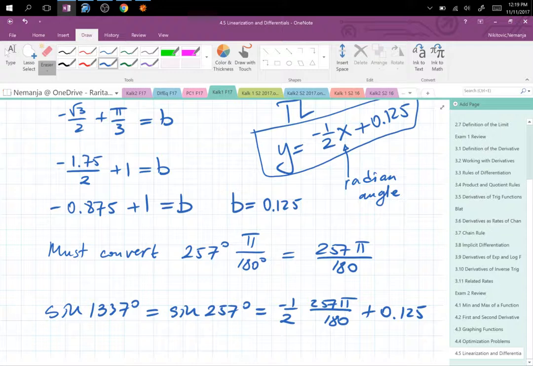Something is terribly wrong over here. You got 2.117. Yeah. Something is wrong somewhere, because we are getting negative 2.1 and we're supposed to get negative 0.97. So there is a calculation error somewhere.